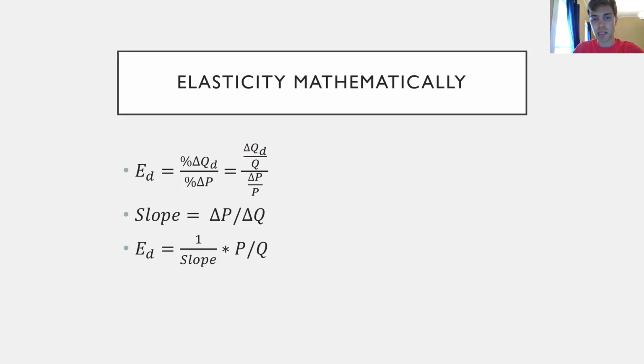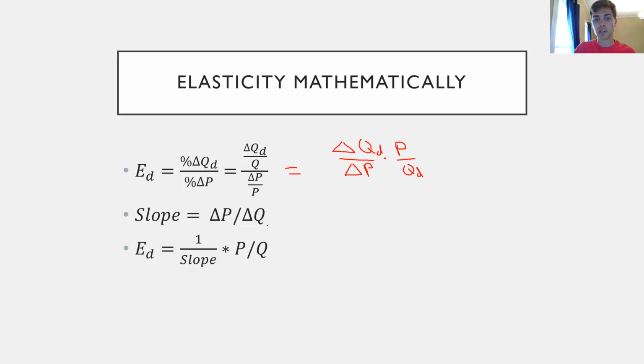Another way to write this is the change in QD over Q, the quantity, over the change in price over price. And I'm going to rewrite this in one more way, to make it more clear what's going on at the bottom: the change in QD over the change in price, times price over QD. And I'll throw the D's in here as well.